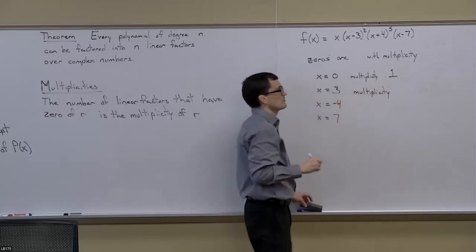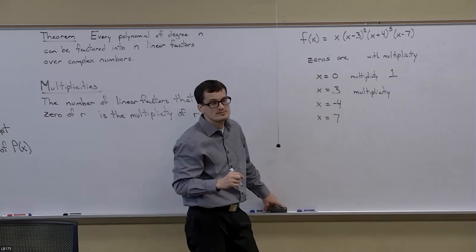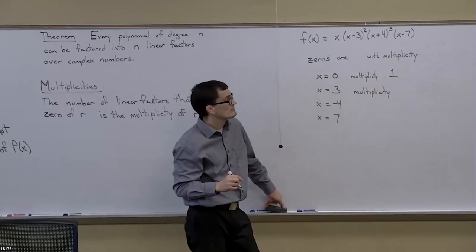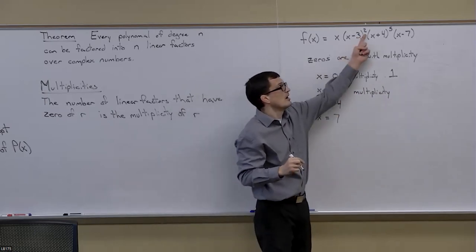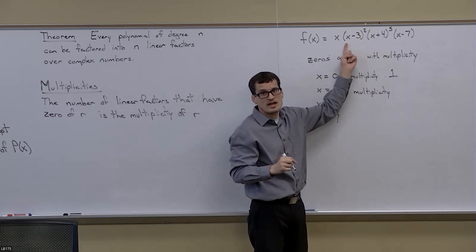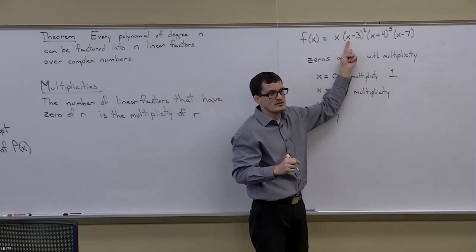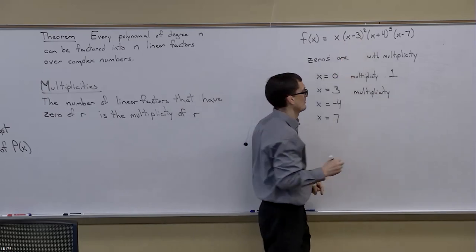Multiplicity of x equals 3 is 2, because there are 2 factors that result in x equals 3 as a 0.